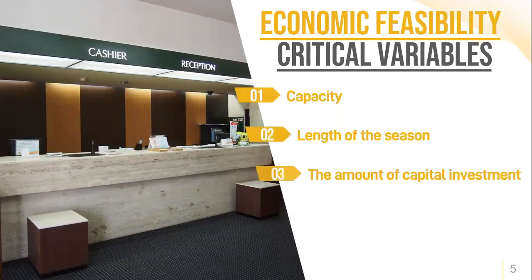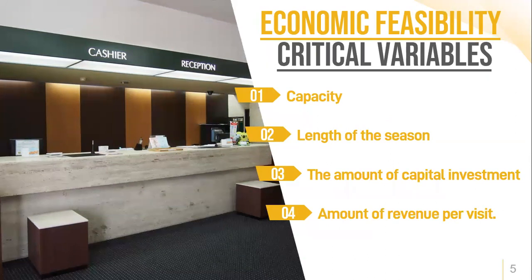When you want to know whether it will bring profit or loss, there are 4 variables that you have to know. These 4 indicators determine whether your result will have a loss or a profit.